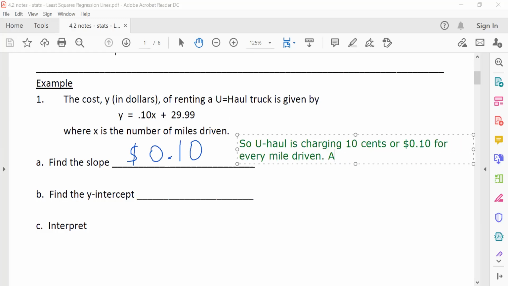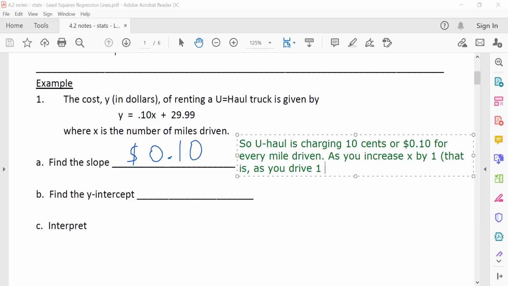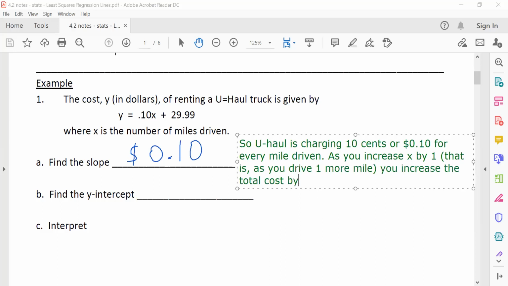In other words, as you increase x by 1, that is, as you drive 1 more mile, you increase the total cost by 10 cents. So that's the slope of the line.